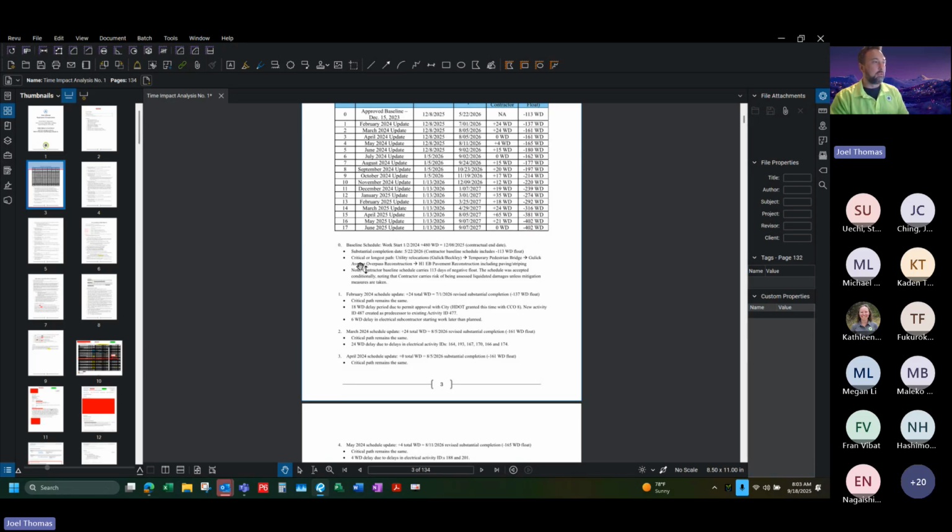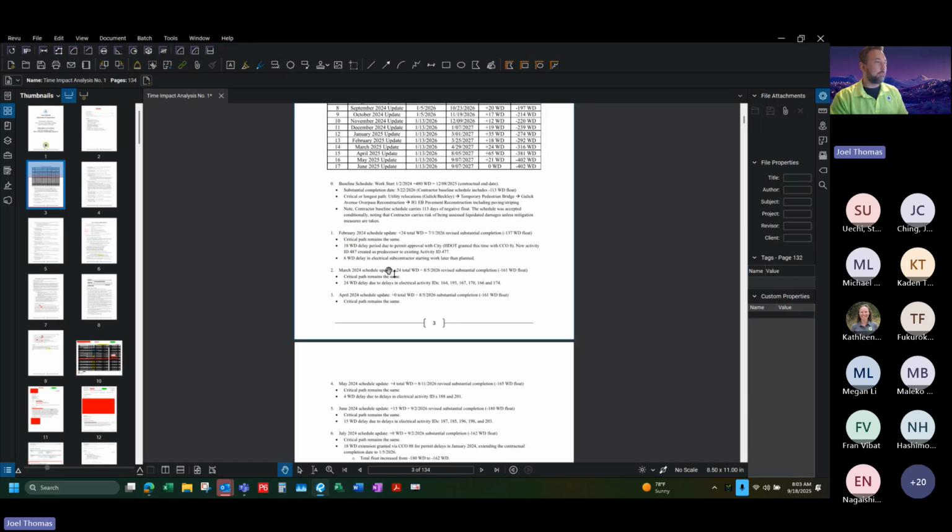So it was like, our baseline schedule we already talked about, but when you're looking at things like our February update, we lost 24 days, like I said. So we had the revised substantial completion date and the negative float. I always add a little bullet point saying whether or not the critical path changed on this schedule update, because that does happen too.